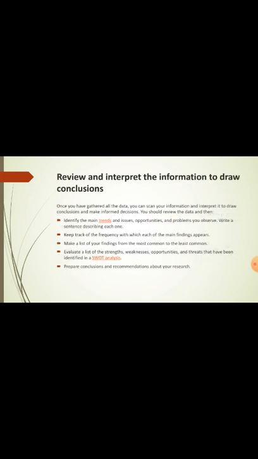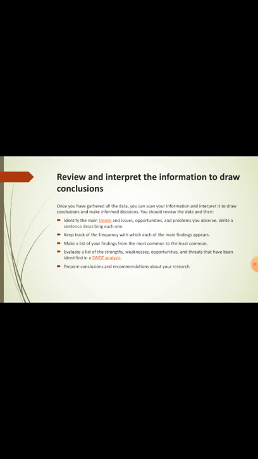Review and interpret the information to draw conclusions. Once you have gathered all the data, you can scan your information and interpret it to draw conclusions and make informed decisions. You should review the data and then identify the main trends and issues, opportunities and problems you observe.